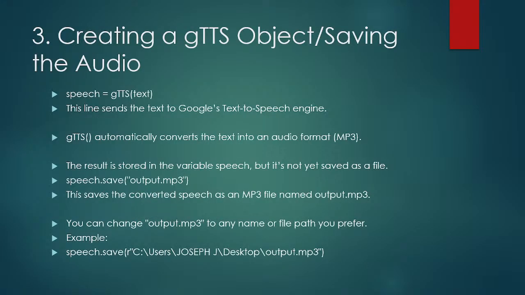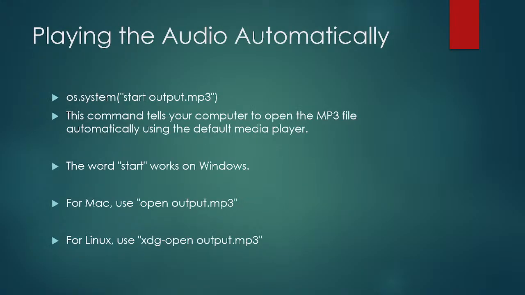Let's go back to our slide. The speech.save saves the converted speech as an mp3 file named output.mp3, but we also saved that one as voice.mp3. Then we said os.system. This command tells your computer to open the mp3 file automatically using the default media player. Now the word start is very important.